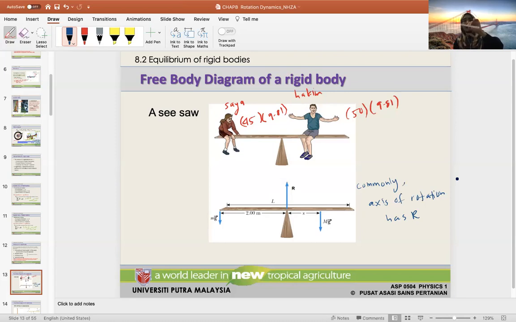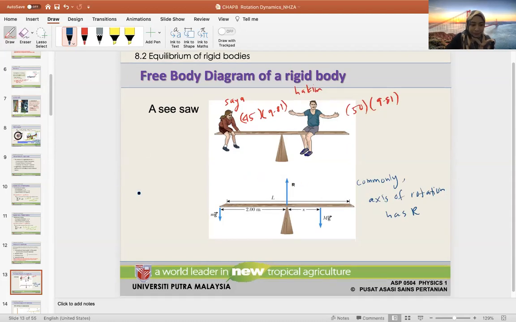If it is floating, I can't have any rotation. Rotation can be here, rotation can be here, it is everywhere. But if I have somewhere to stick on, now this guy will be my center point, and this is where I rotate. So that is my axis of rotation, and axis of rotation always has R most of the time. Right? So your free body diagram, please include your R at your axis of rotation.